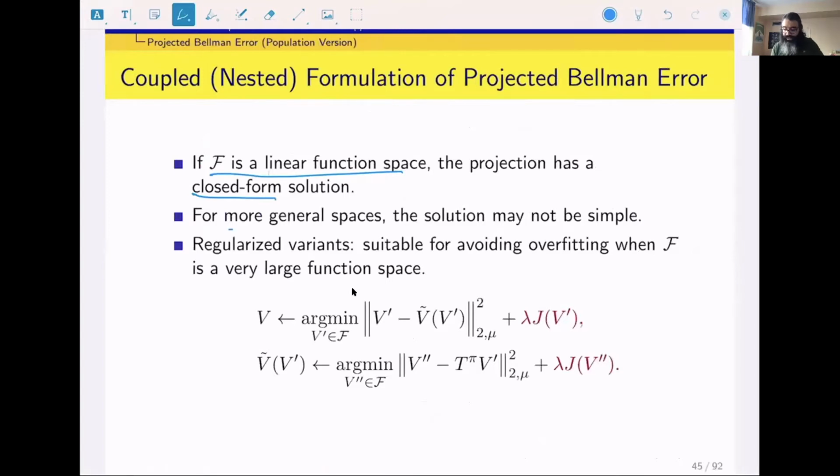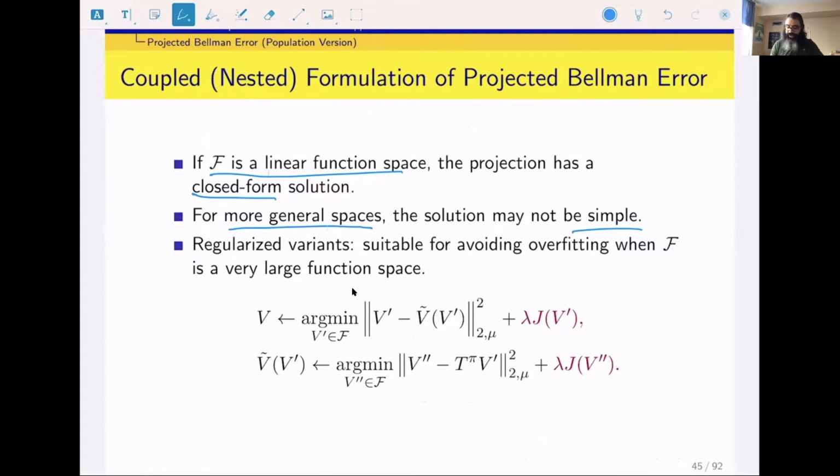Also, if the function space f is general, not a linear function space, then finding the effective projection operator as a value function is not going to be simple. So we may need to use numerical methods to solve it.